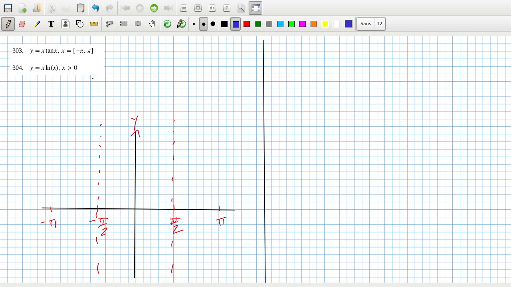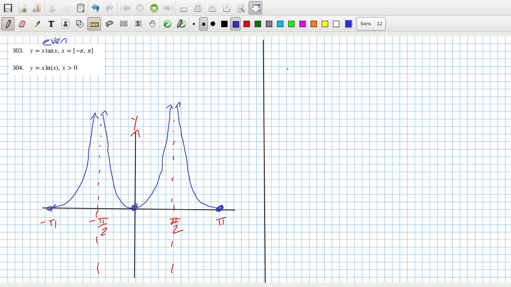And this is an even function. So it's going to be like this. There's a root at 0, at pi, and at minus pi. So yeah, I think it looks like this.